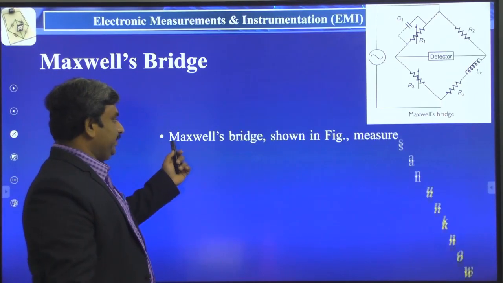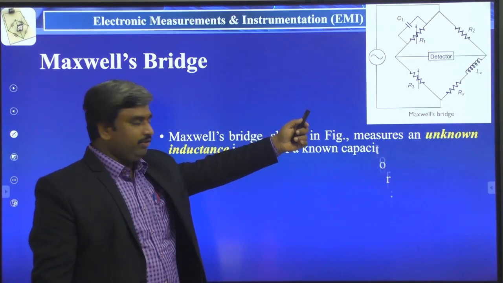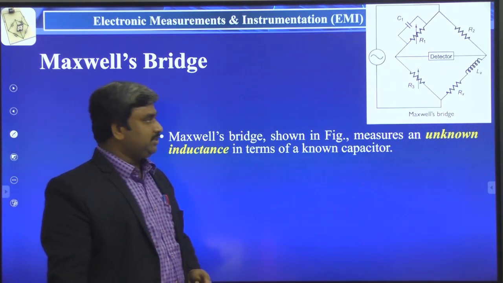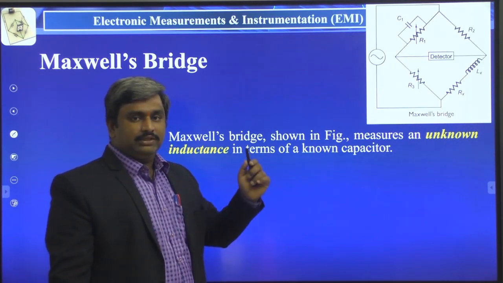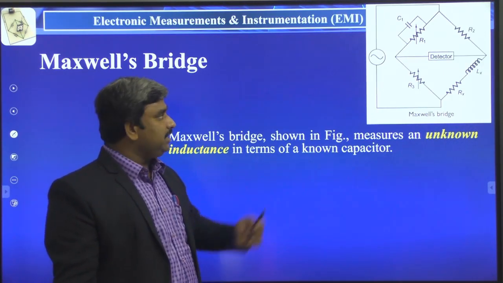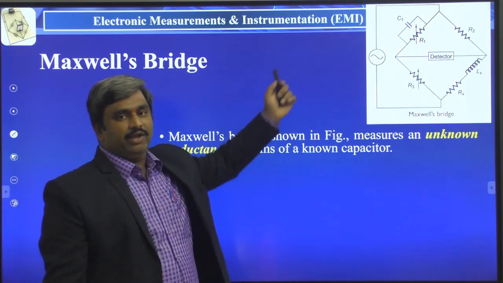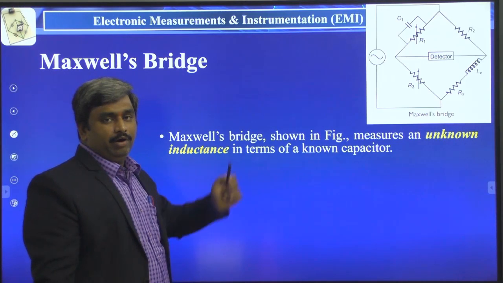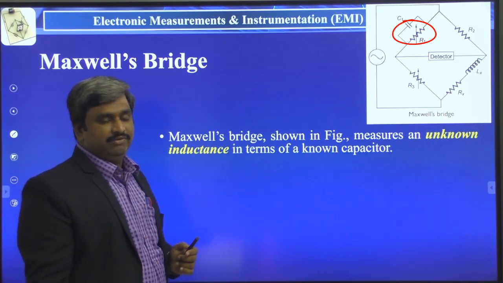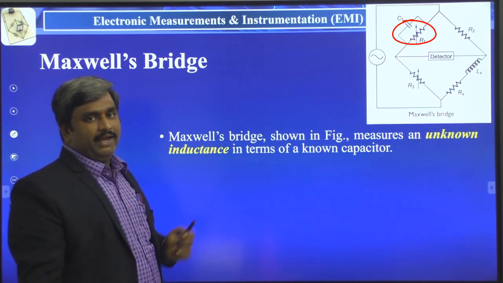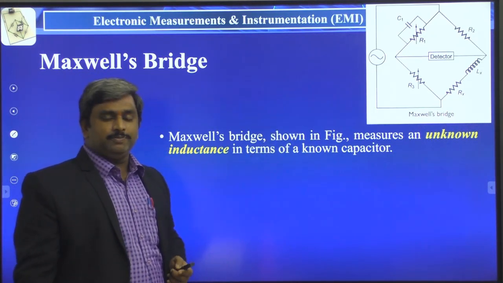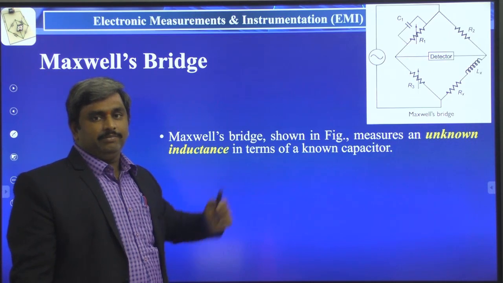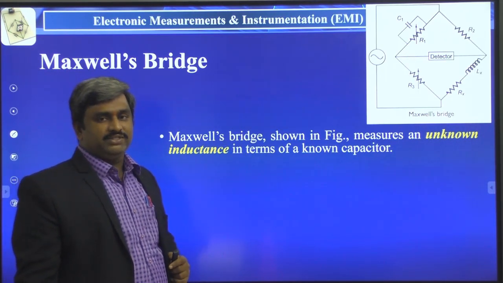The Maxwell bridge, shown in the figure, measures an unknown inductance in terms of a known capacitor. Here we are going to measure the Lx value, the unknown inductance, with the known capacitance in the first arm of the bridge, R1 parallel C1. This type of bridge was proposed by the scientist Maxwell, so based on his name we call it Maxwell's bridge.